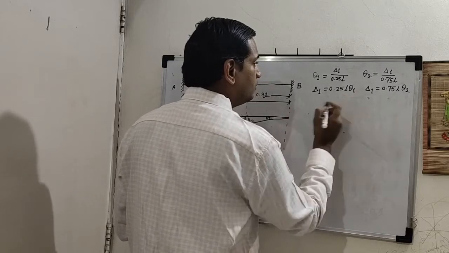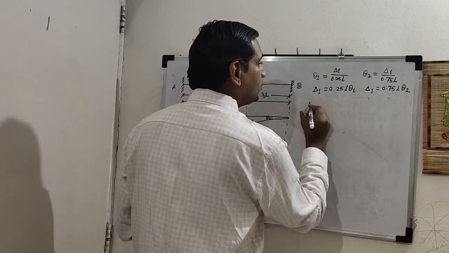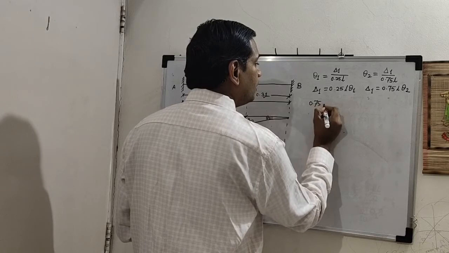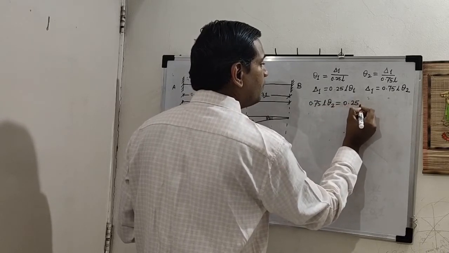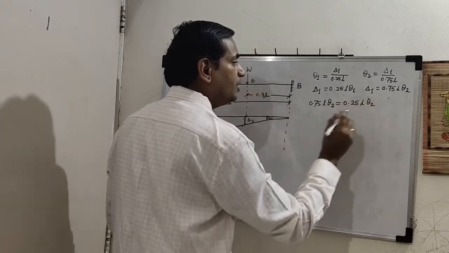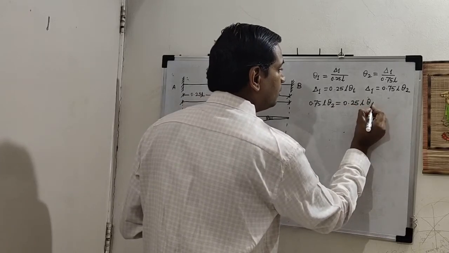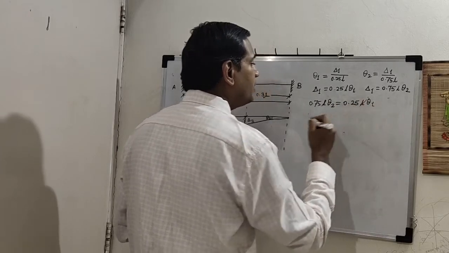Equate both now. So 0.75 L theta 2 is equal to 0.25 L theta 1. So L gets cancelled from both the ends.